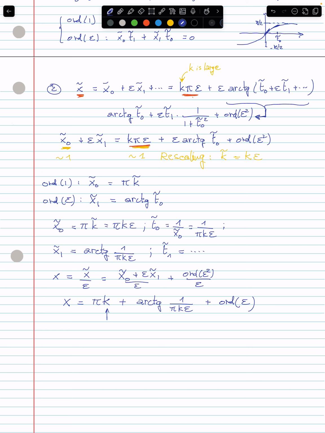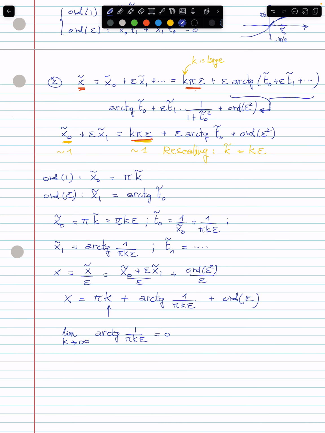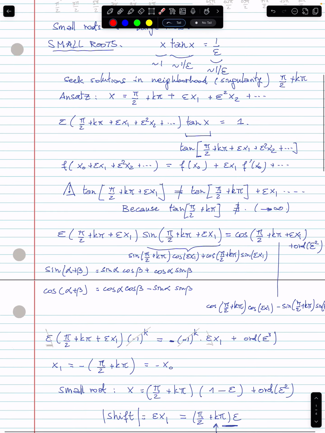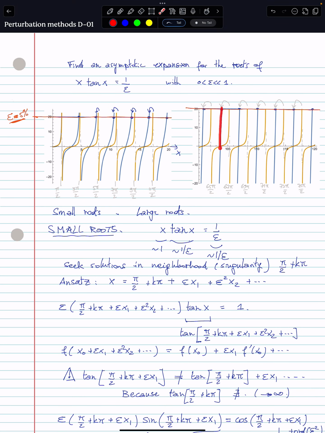What is also interesting to consider at the end is that as k grows very large, if you look at the limit for k going to infinity of the arctangent of 1 over pi k epsilon, this is the arctangent of 0, it means this is 0. And so this also means that if you look at the large roots, we could actually observe that they are located exactly over here, where the tangent, in fact, is equal to 0, and not any longer where it is singular.